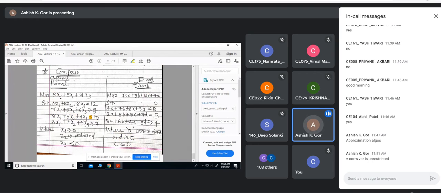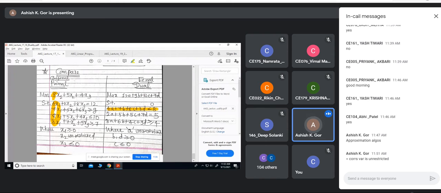Now let us see the constraints of the dual. The first variable makes the first constraint: 4a plus 7b plus 8c plus 3d, and 8 is the right hand side.